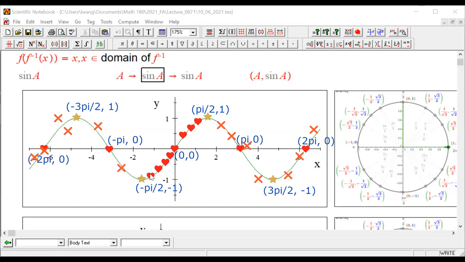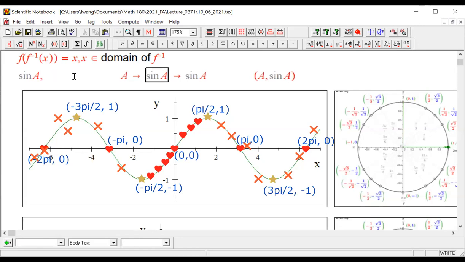This new function no longer has the domain from negative infinity to positive infinity. So this function is no longer the same as the one we used to know.